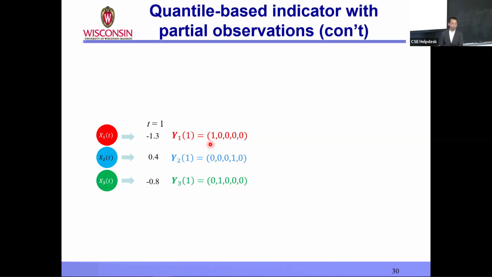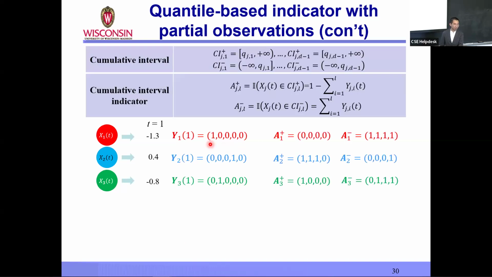To address this, we define the cumulative intervals C_i plus and C_i minus. Specifically, C_i plus is defined from each boundary to positive infinity, and C_i minus is from negative infinity to those boundaries.